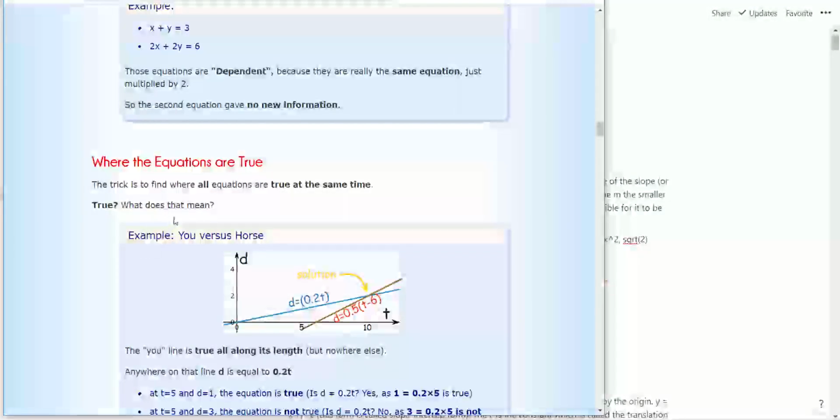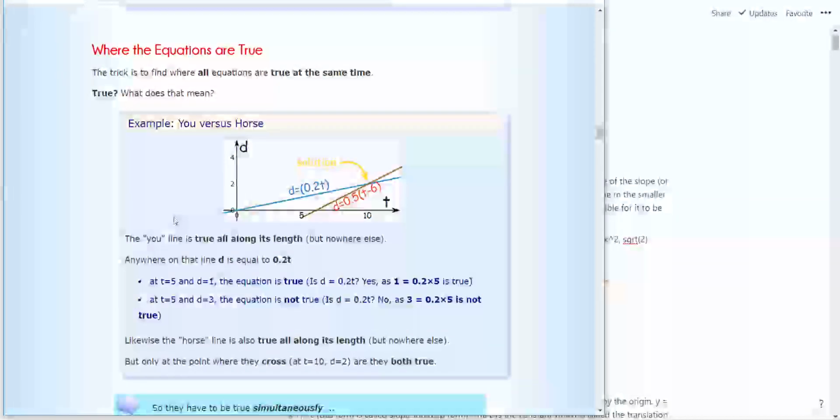What are the equations? Where the equations are true? The trick is to find where all equations are true at the same time. What does that mean? Take the you versus horse example. The you line is true all along its length, but nowhere else.